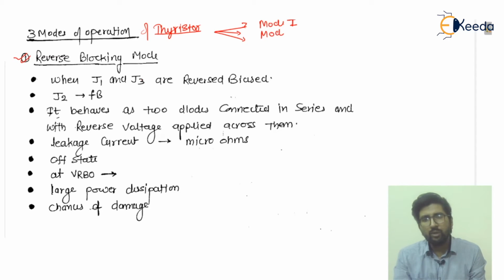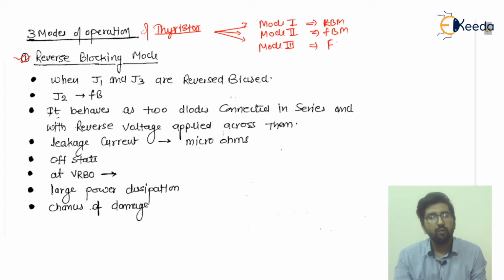Second is mode number two, which is the forward blocking, and third is mode number three, that is your forward conduction.